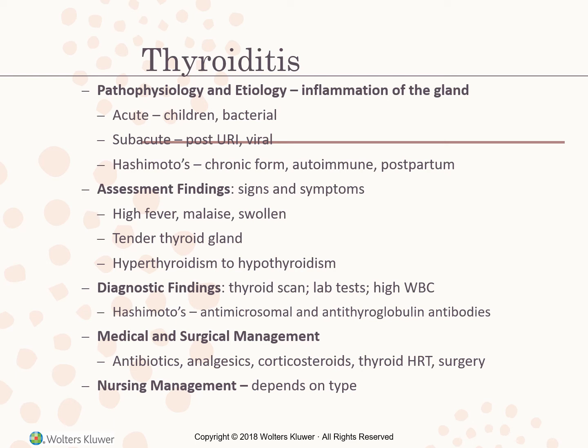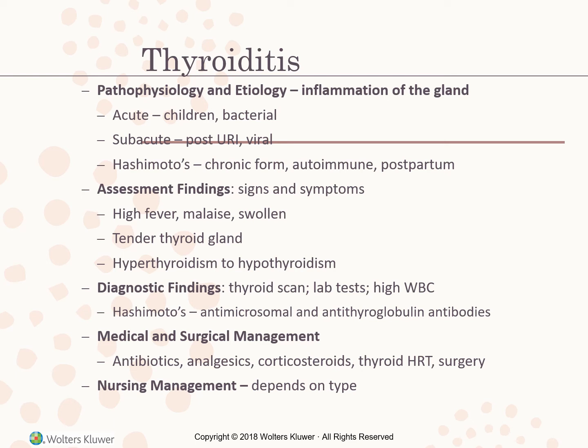Thyroiditis is an inflammation of the thyroid gland, which can be acute, subacute, or chronic. So there are multiple etiologies, and consequently, the subtypes of thyroiditis that involve inflammation of the gland release higher than normal levels of hormones and changes in thyroid function from hyperactivity to hypoactivity. So inflammation will cause the gland to enlarge and become tender in some cases.